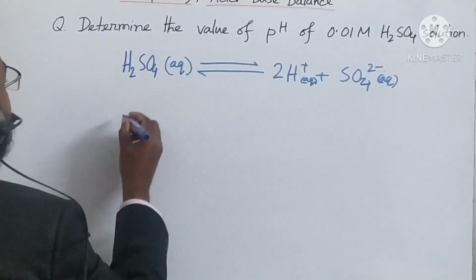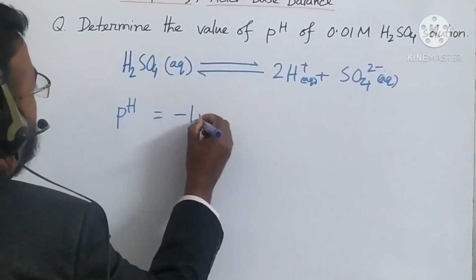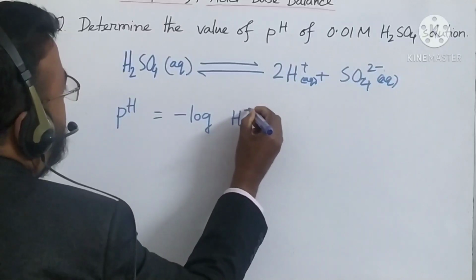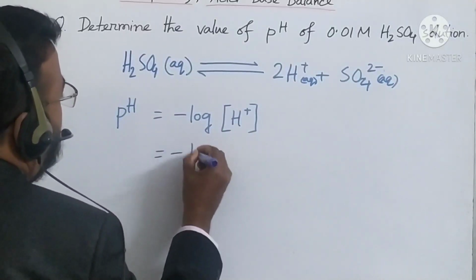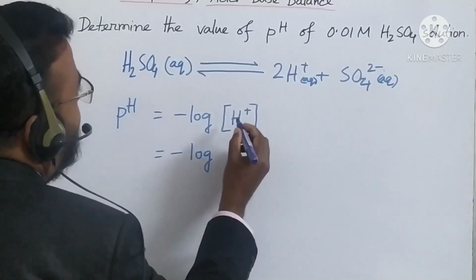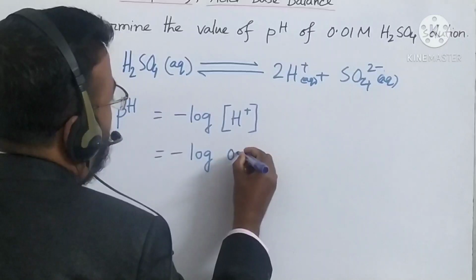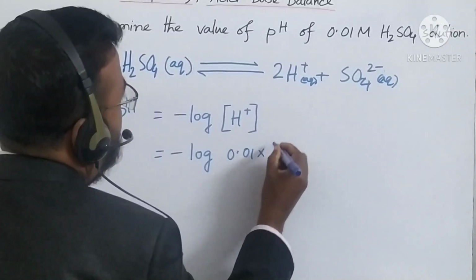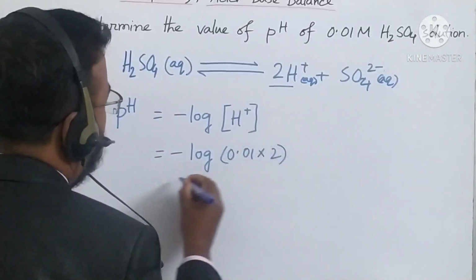Now we know that pH equals minus log molar concentration of hydrogen ion. So we will put the value and we will get the answer. Here hydrogen ion is 0.01 into 2 moles. Here it is 2 moles, so for this reason it will be multiplied by 2.